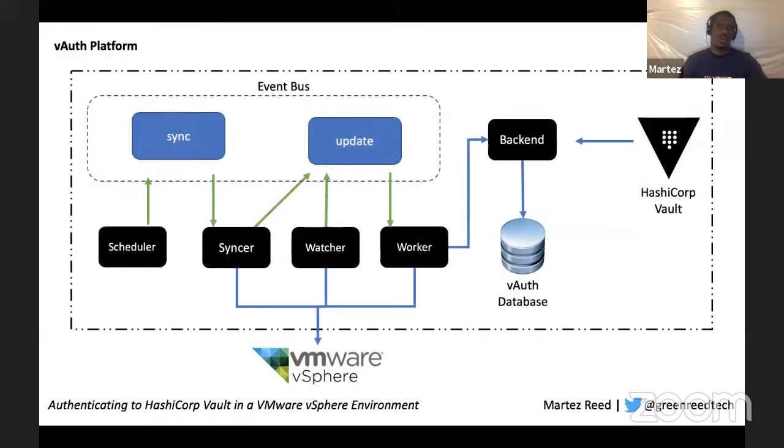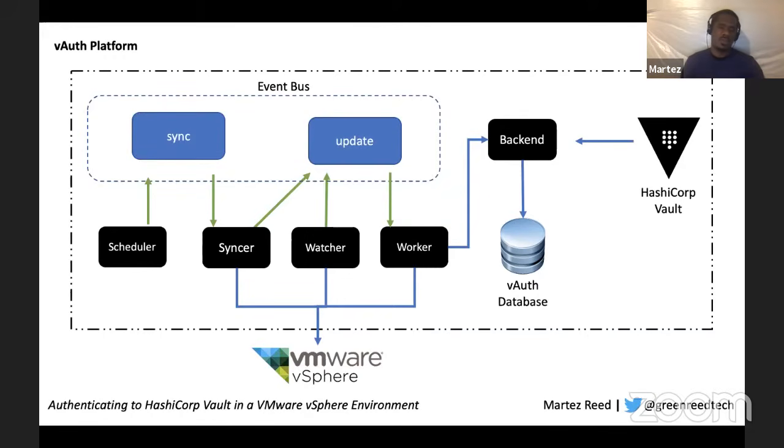Just a quick overview of what the vAuth platform looks like from an architectural perspective. There are a number of moving components that perform the interaction. As we can see on the right side, HashiCorp Vault interacts with the backend to perform that validation of the credentials provided by the virtual machine. There's a scheduler which runs to ensure that all virtual machines have the required data populated for their identity.